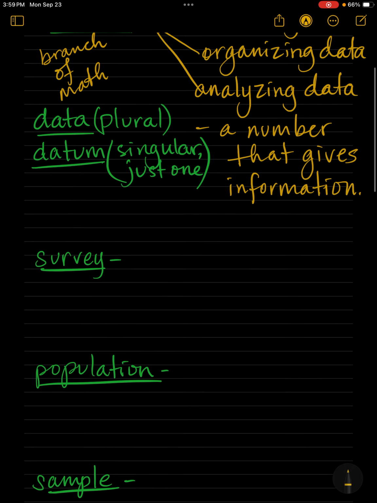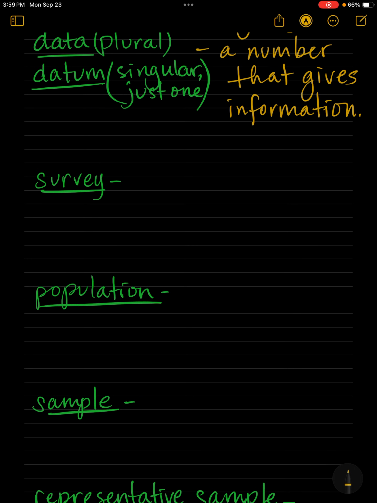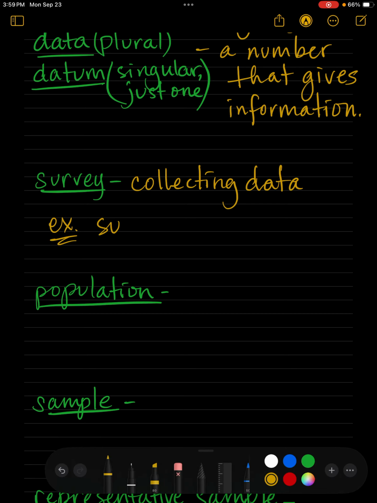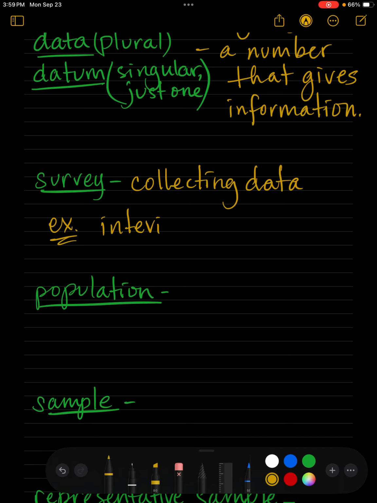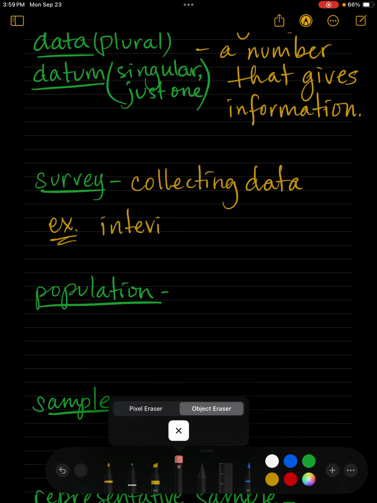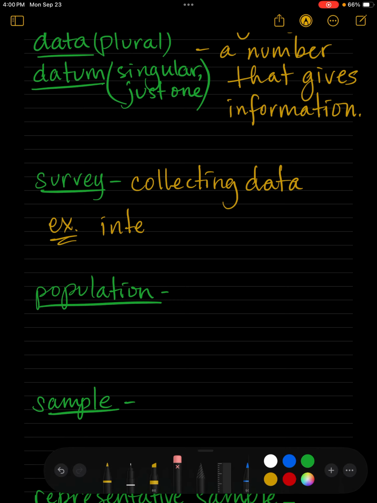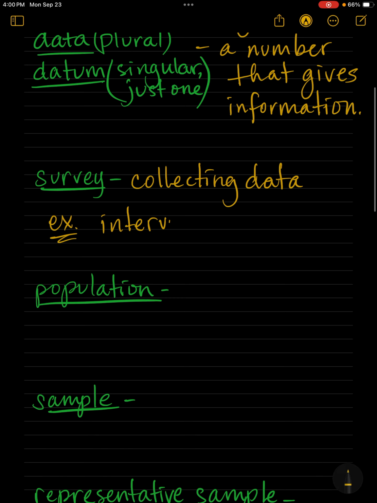Let's look at a survey. A survey can take many forms, but it's basically just collecting data. One example might be an interview, maybe verbally or maybe on paper.